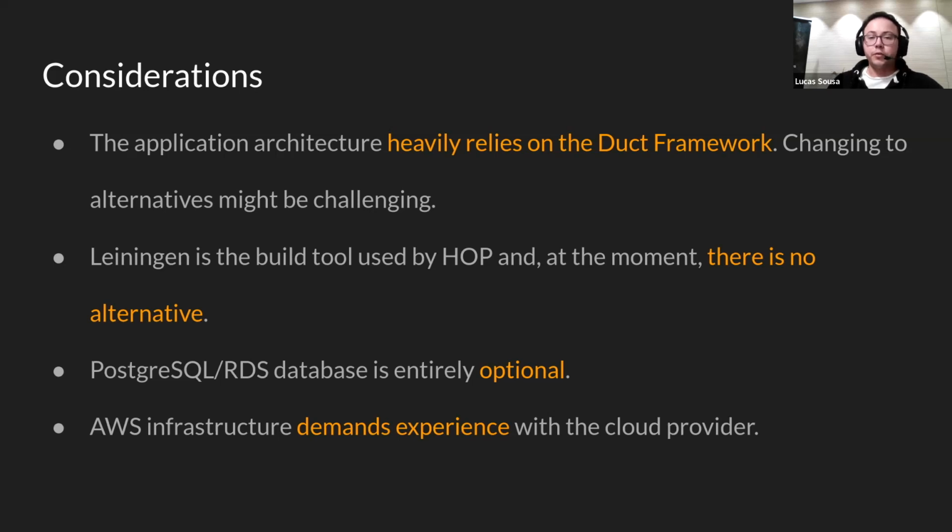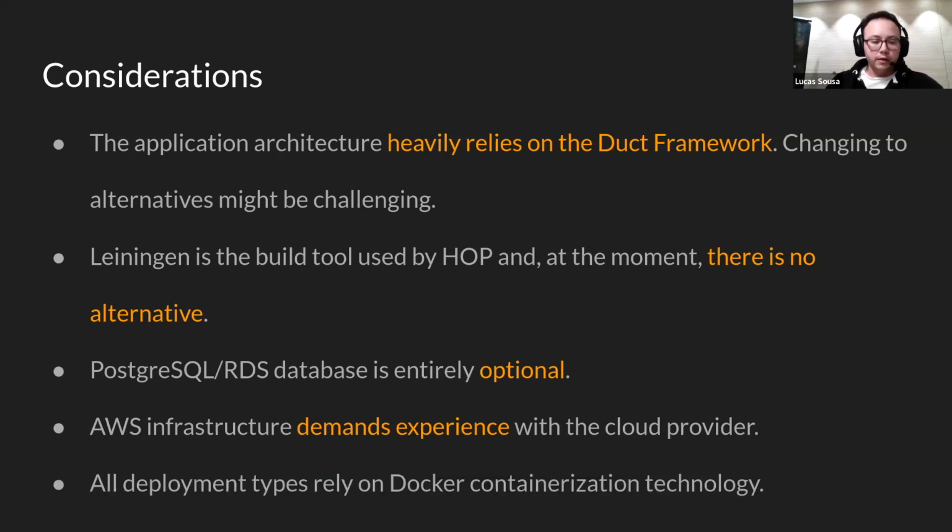So if you want to operate it, manage it, and dig a bit into that infrastructure, you probably need some experience with AWS as well. And last but not least, all deployment types rely on Docker containerization technology. So as I said, from the local environment to the CI/CD to the deployment infrastructure, it uses Docker for all those things. So for me, that was it.